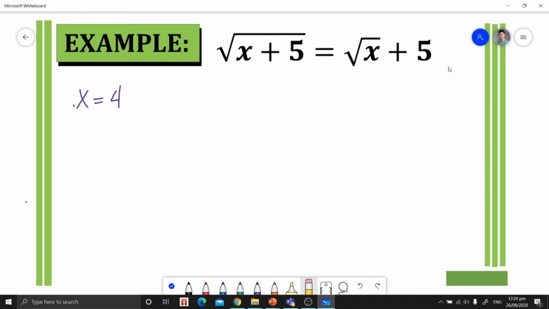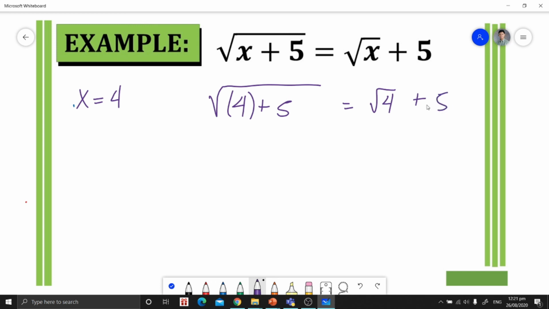So let's check if 4 is the true value of x in our equation. We need to substitute the value of x to our given equation. So substitute. We have square root of 4 plus 5 is equal to square root of 4 plus 5.